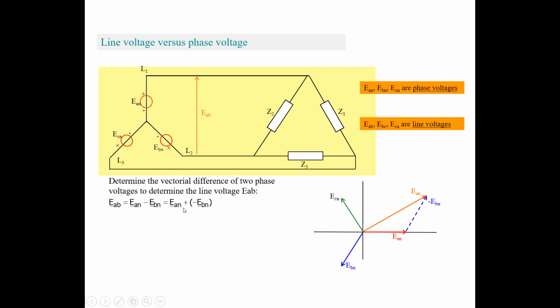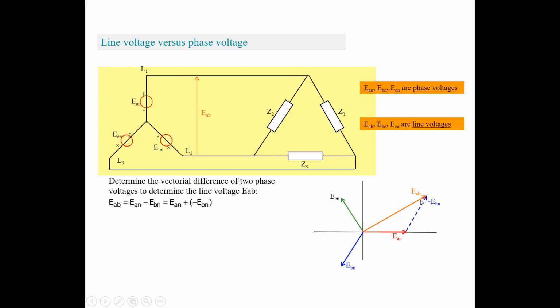But we can put it another way, we can say it's EAN plus the inverted vector, minus EBN. So when this is EBN, minus EBN is in that direction, and adding EAN plus minus EBN, that vector equals this vector, the line voltage EAB.